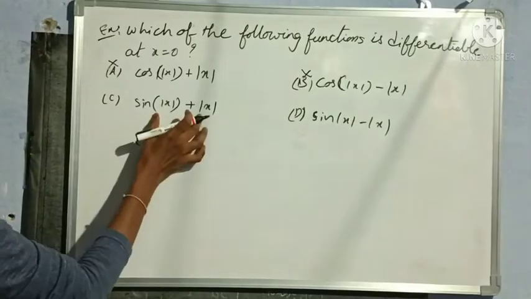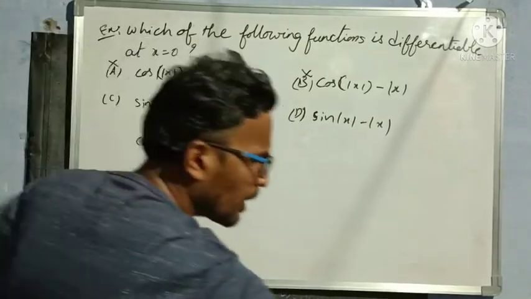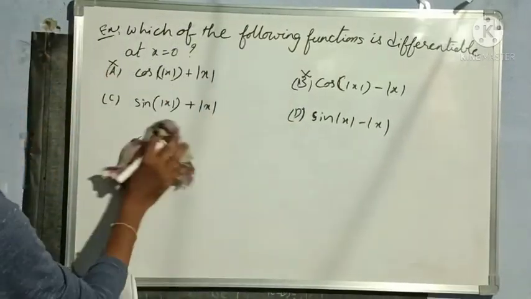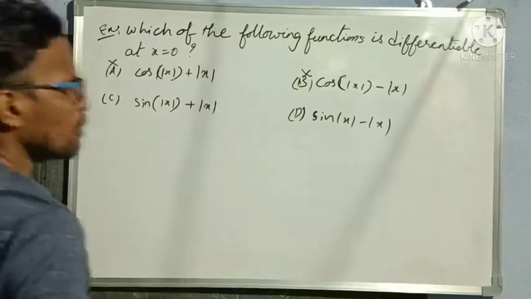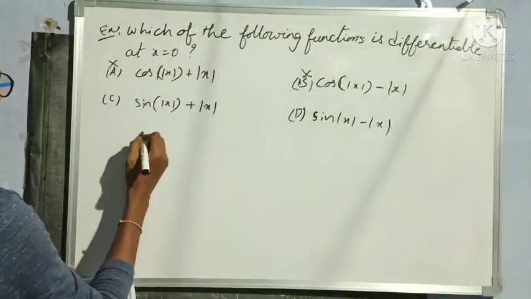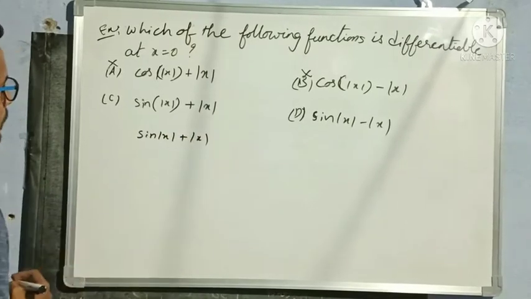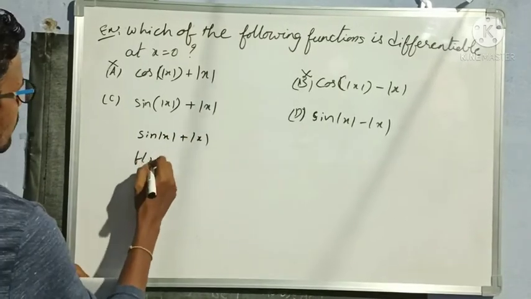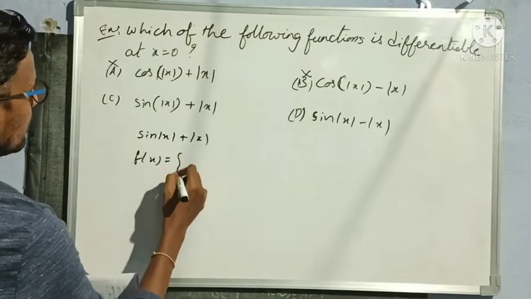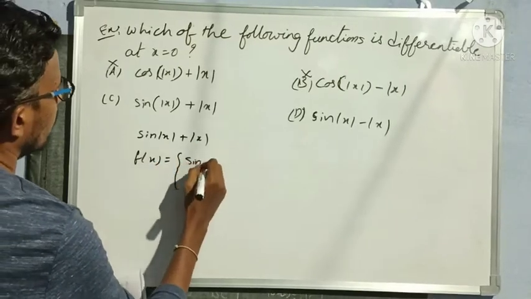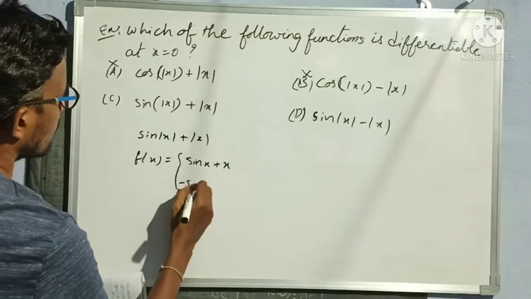So this one, sin of mod x plus mod x, this only we have to see now. So let us see this. Sin of mod x plus mod x. So f of x is equal to, when I take both are plus, both are minus.